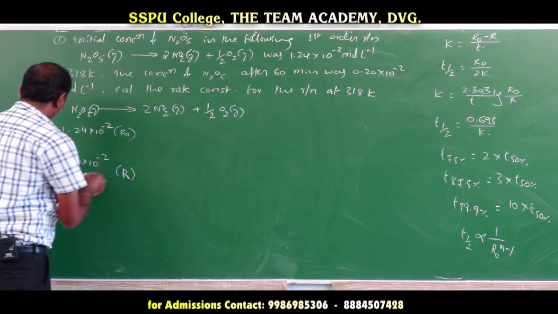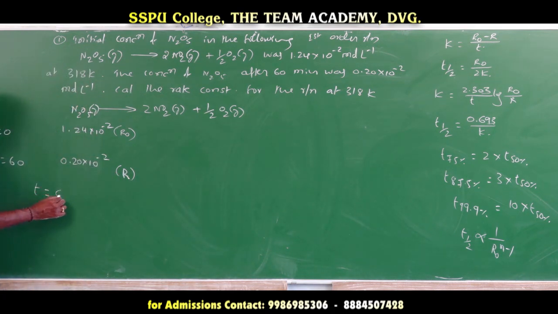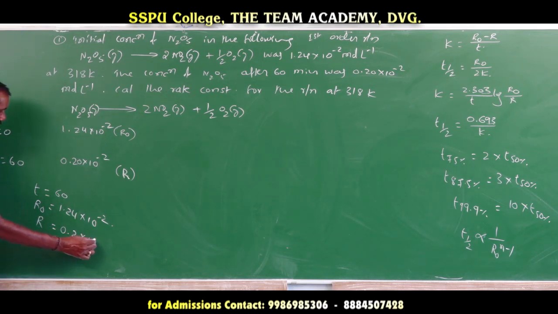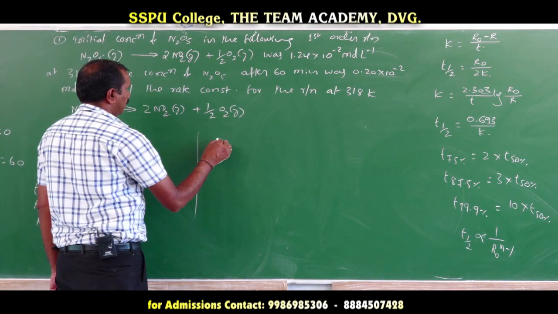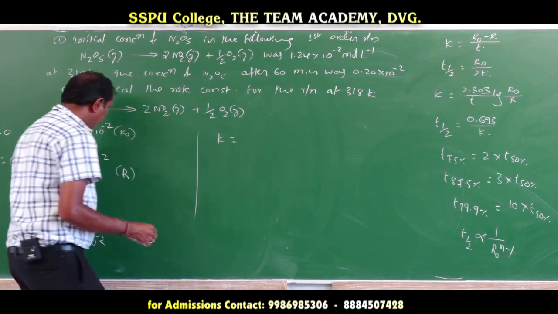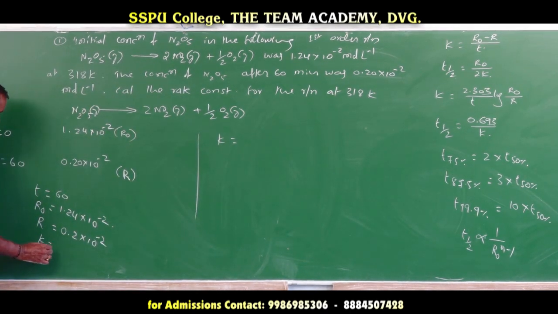So we know the time, it requires 60 minutes. The initial concentration is 1.24 into 10 to the power of minus 2. We know the R value, that is 0.2 into 10 to the power of minus 2. Then I have to find out the value of K, the rate constant.